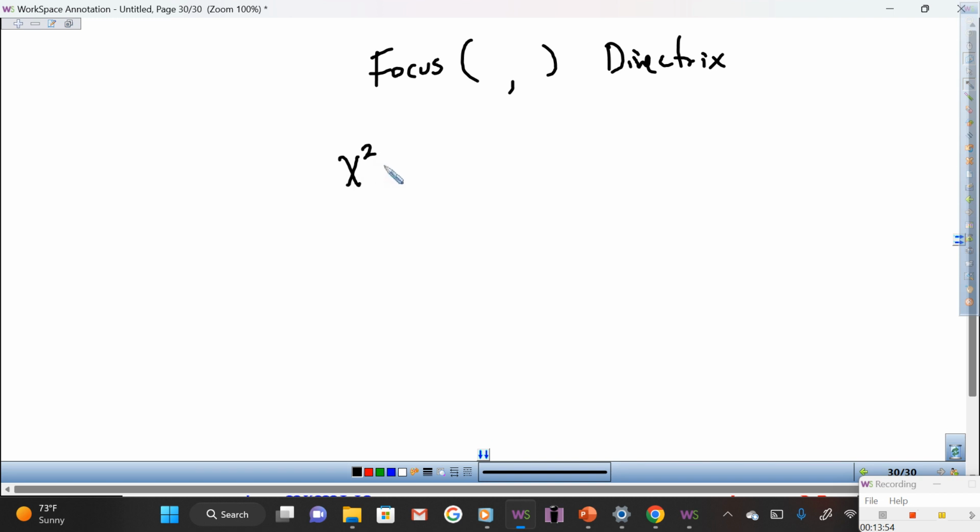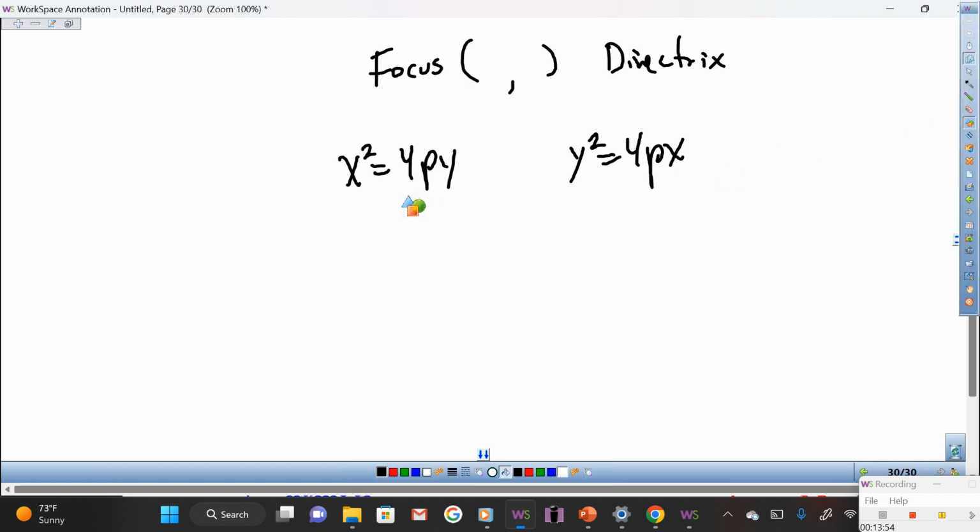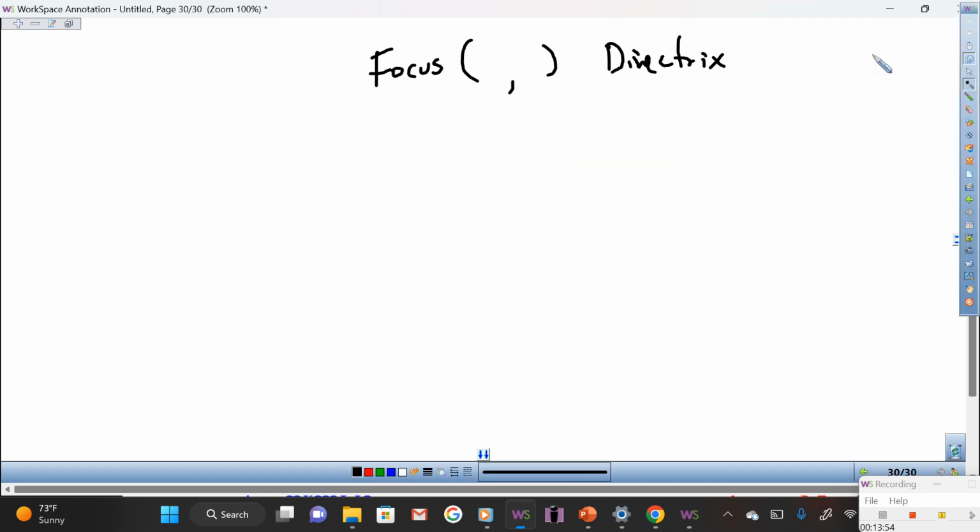The first one is what? x squared equals 4py. What is the second one? y squared equals 4px. Those are the only two options. So your question might be, Mr. Q, how do I know which one is which? Good question. Let me show you. Whenever they give you these two pieces of information, the first place you're going to go is to look at the directrix.